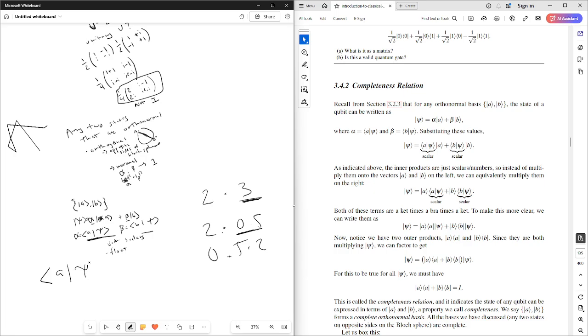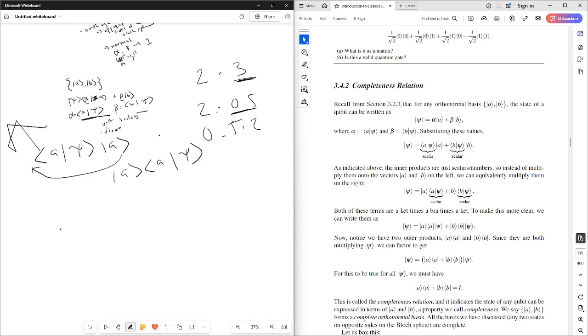instead of saying inner product of A and psi multiplied by A, we can actually put this here. And that has the effect of creating an outer product between these two, because this is just equivalent to this in notation, right?